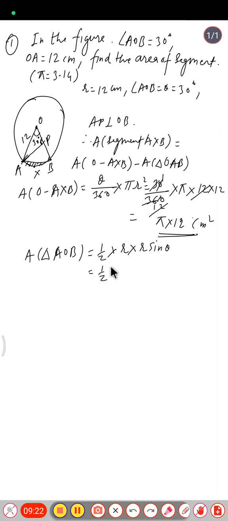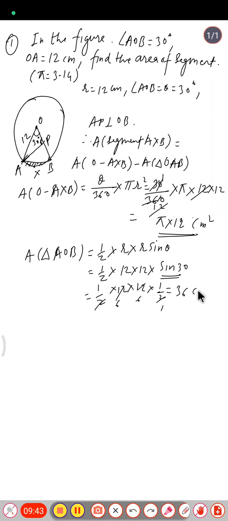As we know, it's 1 upon 2, 12 into 12, and sin 30. Sin 30 is 1 upon 2, so 12 into 12 into 1 upon 2 into 1 upon 2, which is 6. So the answer is 36 centimeter square.